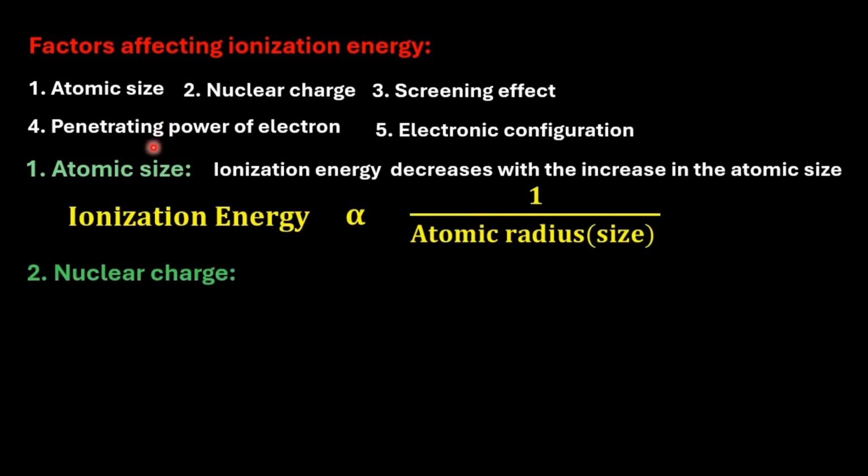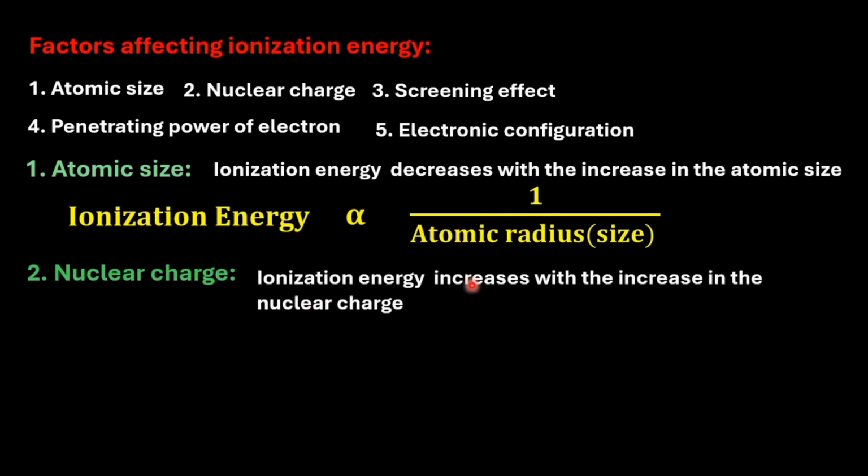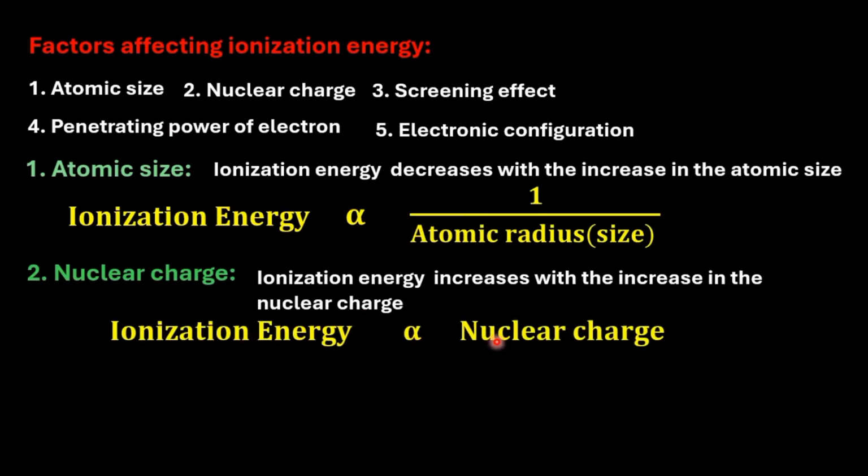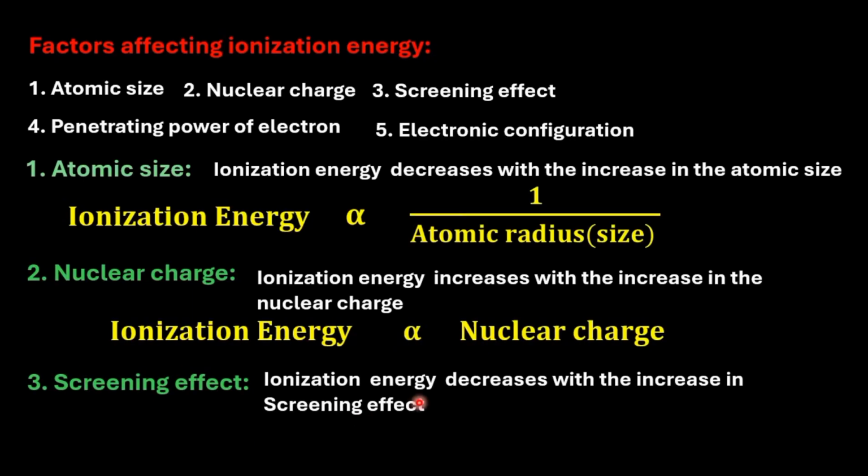Second, nuclear charge: if the nuclear charge increases, the ionization energy value also increases. So this is direct proportionality; ionization energy is directly proportional to nuclear charge. Third, the screening effect: the nuclear force is felt differently by inner electrons and outer electrons.